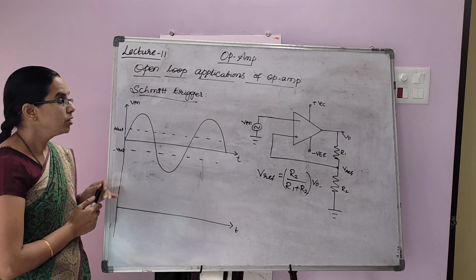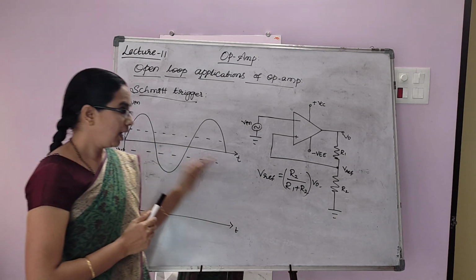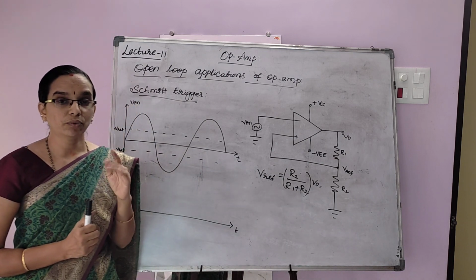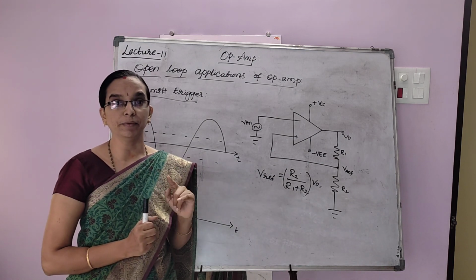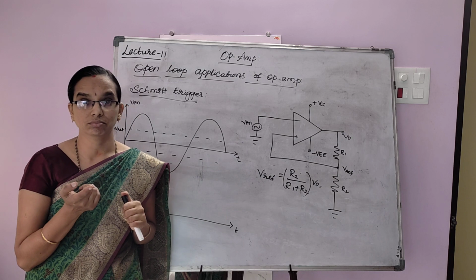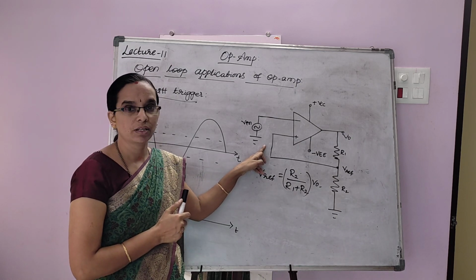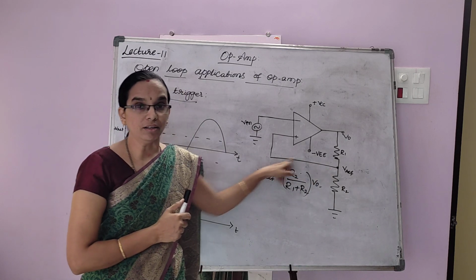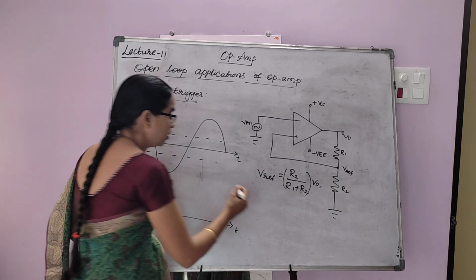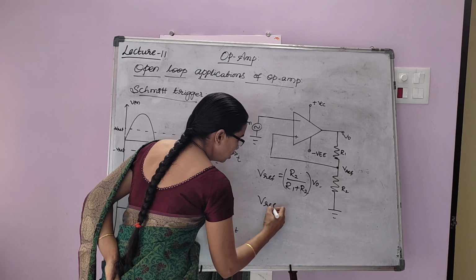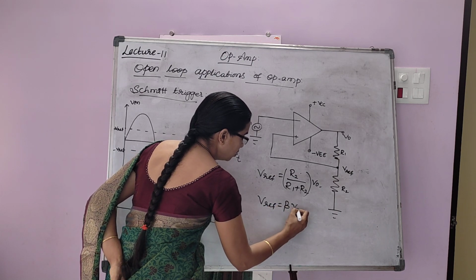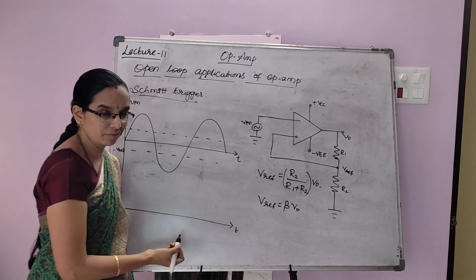So here it acts as a zero crossing detector only, but it will not compare the input voltage with the zero potential. It will compare the input voltage with the reference voltage that is provided by the feedback circuit. So V reference will be equal to beta V0, where beta is the feedback fraction.